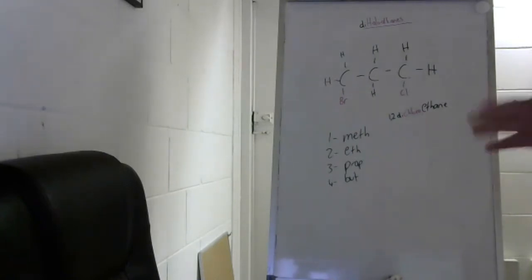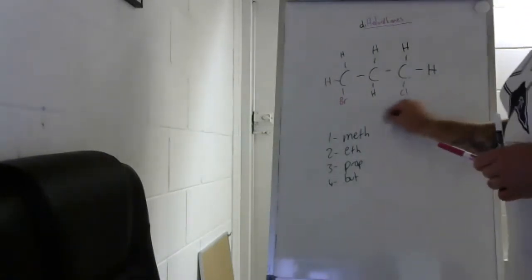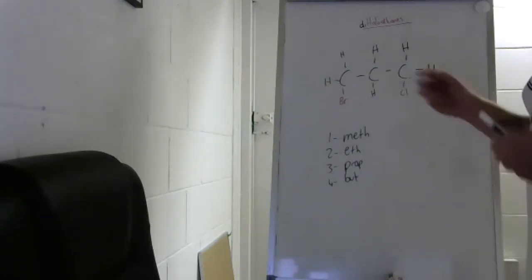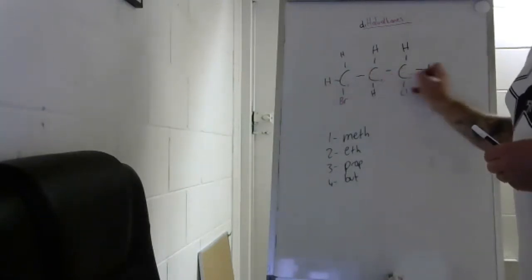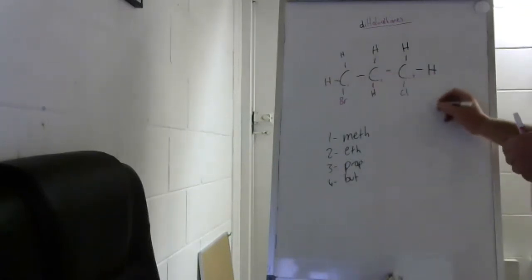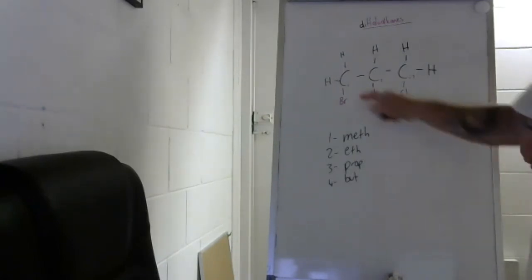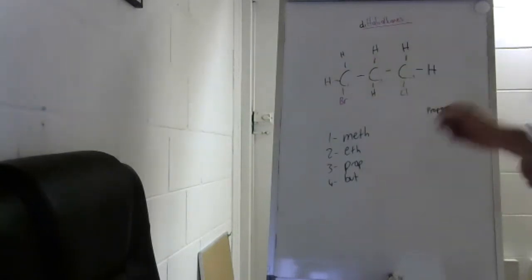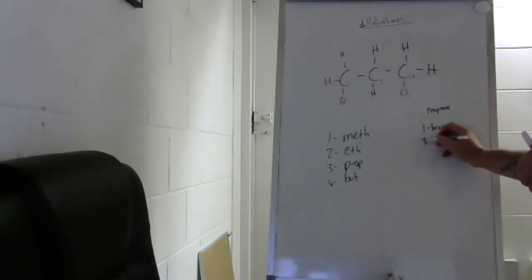It doesn't really matter which end you name from. So we'll go left to right, 1, 2, 3. We know that the backbone molecule here is an alkane and it has 3 carbon atoms. We know we have a bromine off the first carbon. And then we have a chlorine on the third.